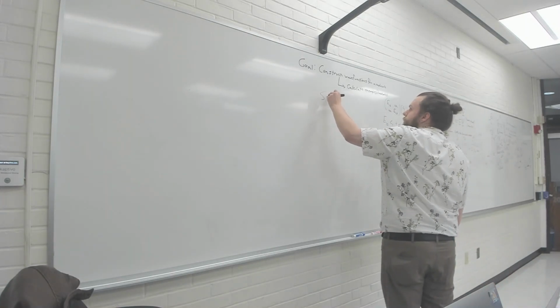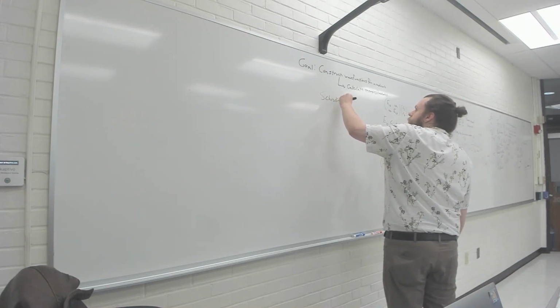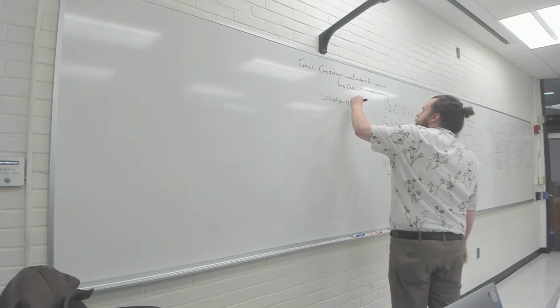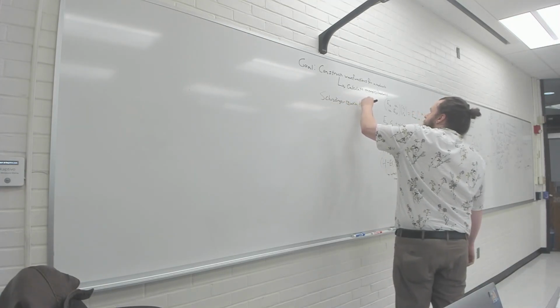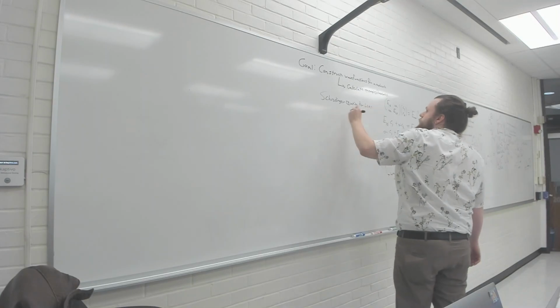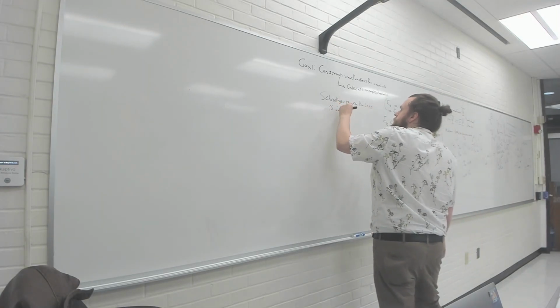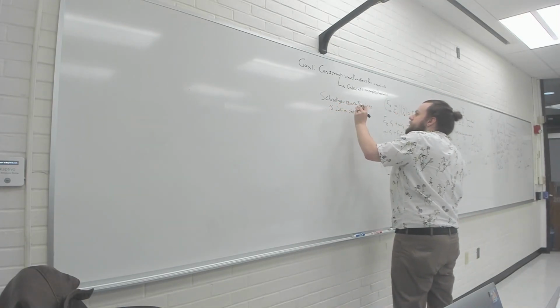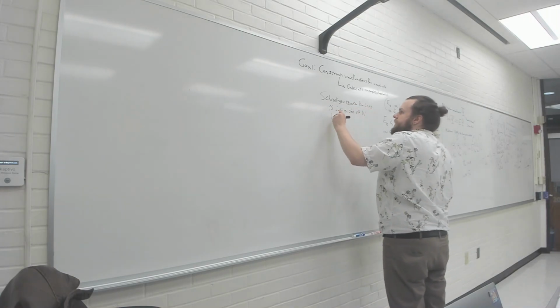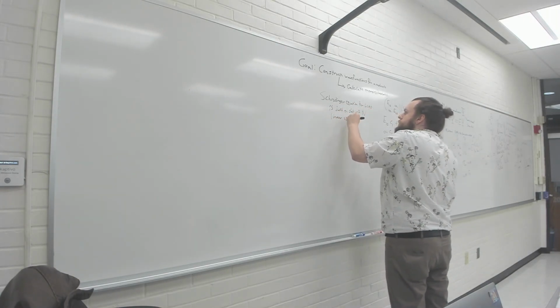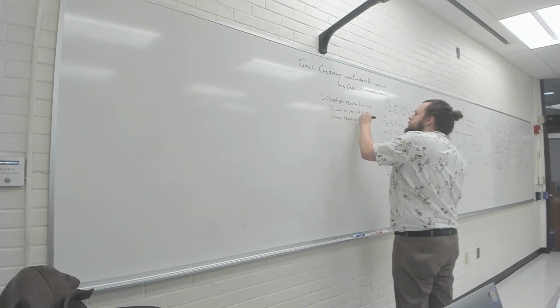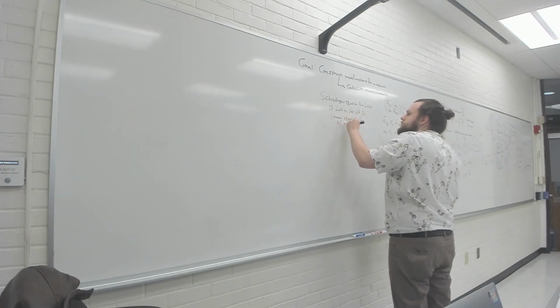Right? So I'll just write that out. Schrodinger equation for LCAO is just a set of n linear equations for n atoms.